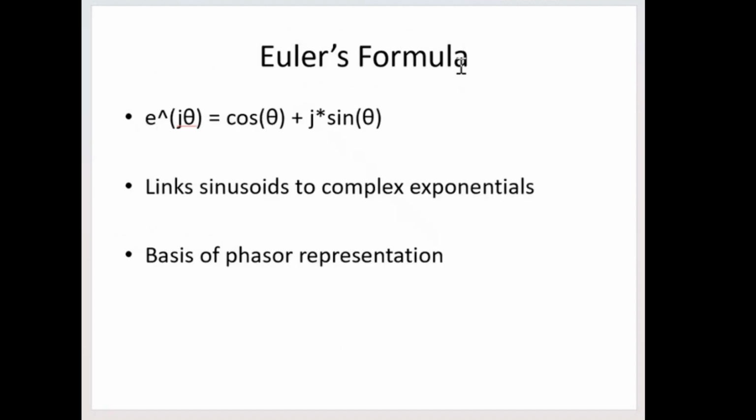Now, as we mentioned before, the essence of phasor is based on the application of the Euler formula, where you can see this complex exponential relates to its Cartesian components. And this is the basis of phasor representation.